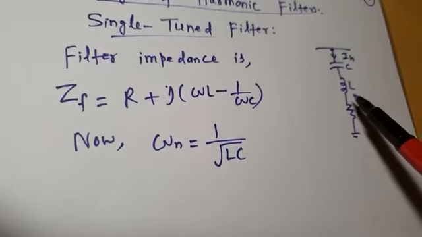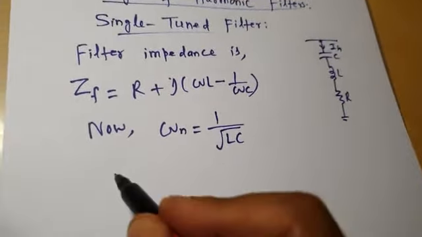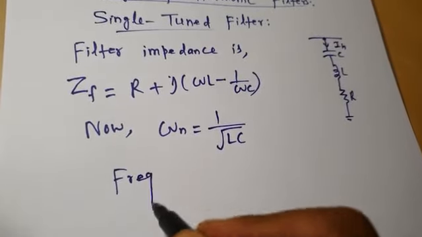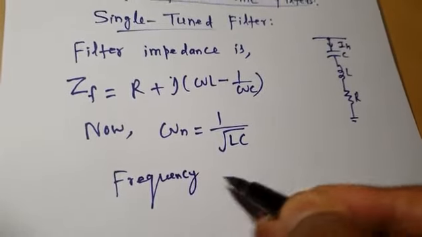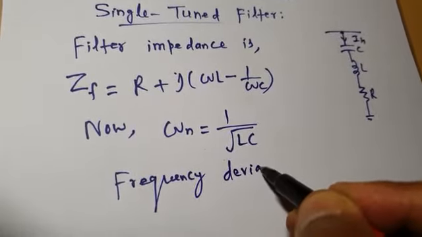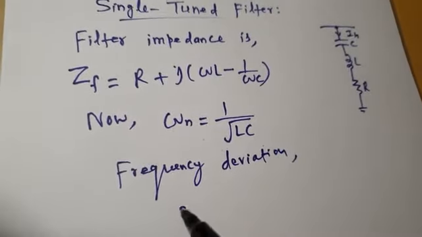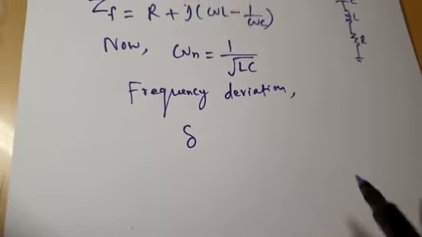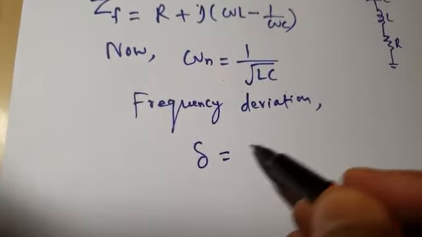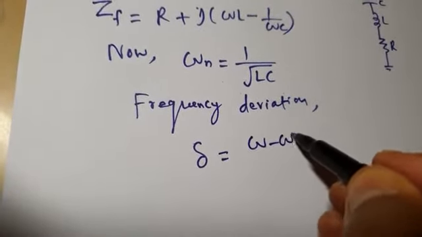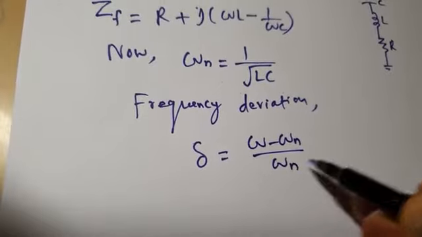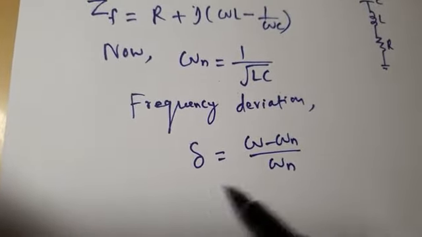But there may be a frequency deviation, a small frequency deviation. Let us assume the frequency deviation is delta. So delta is equal to (omega minus omega n) by omega n. This is the equation for frequency deviation.